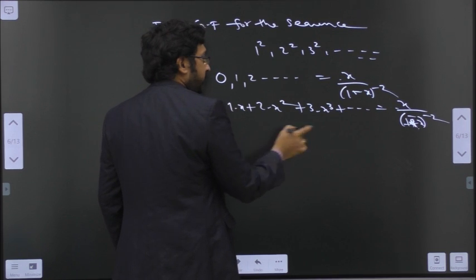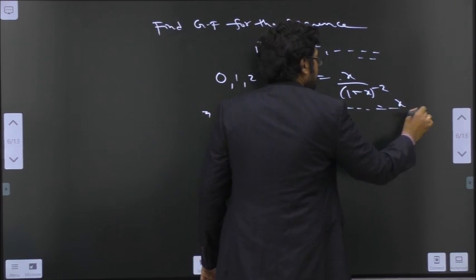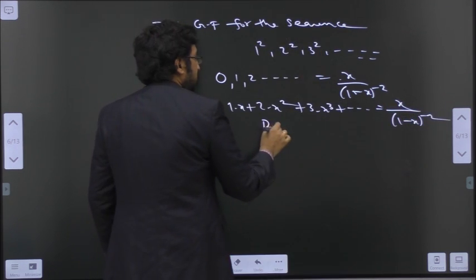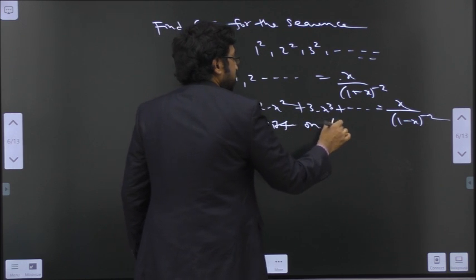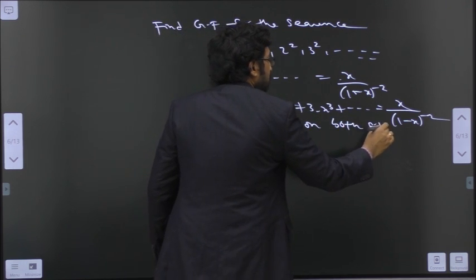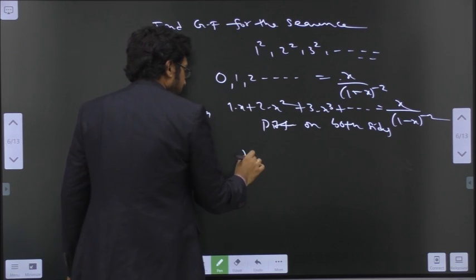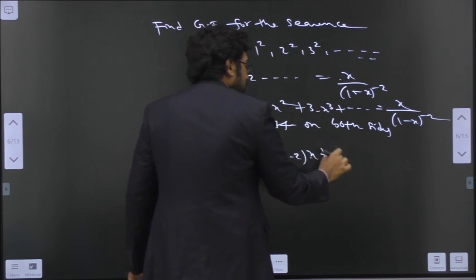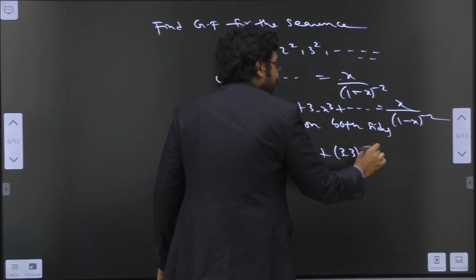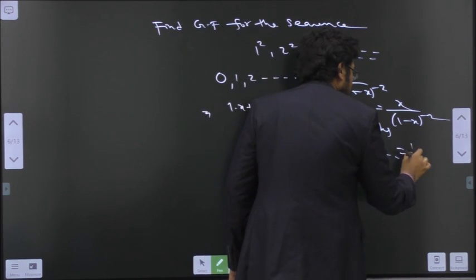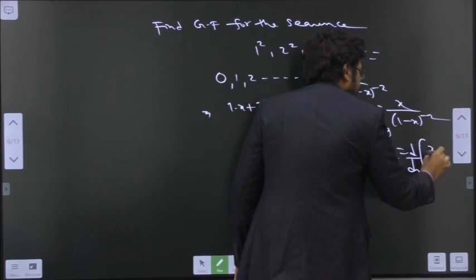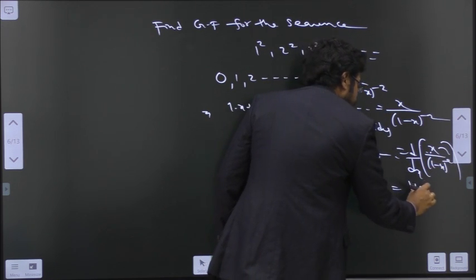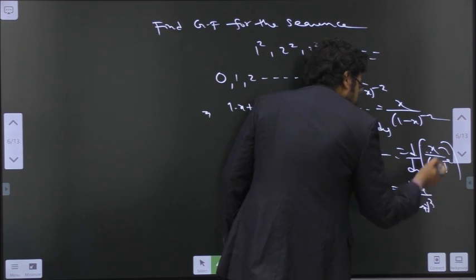So if you differentiate on both sides, we will get 1 into 1 plus 2 into 2 into x plus 3 into 3 x square plus and so on, equal to the derivative of x by (1 minus x) whole power minus 2. So here we will get (1 plus x) by (1 minus x) whole cube.